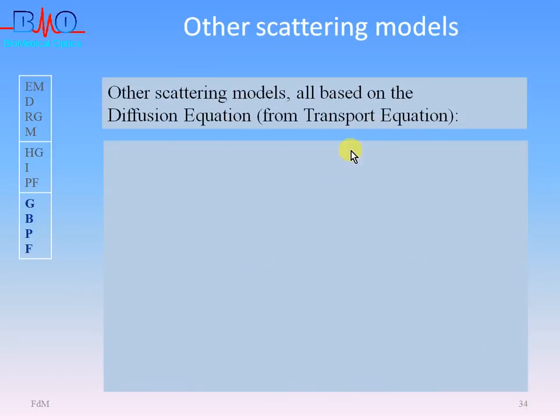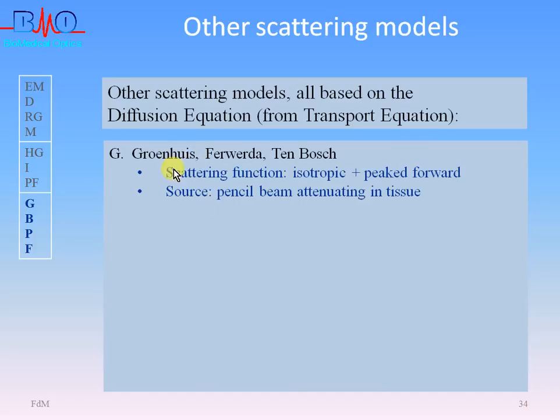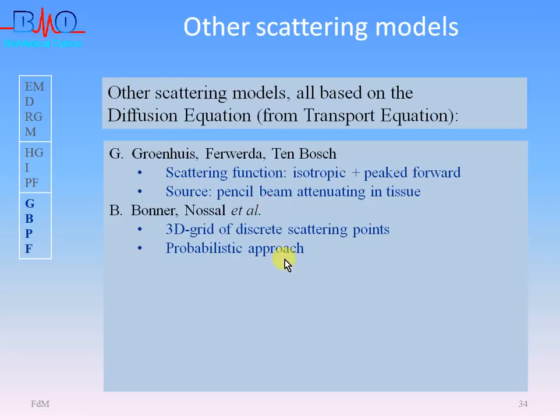Other scattering models are Groenhuis, Ten Bosch and Verwiller, who derived a scattering function containing isotropic and peaked forward scattering. Bonner and Nossal have a model with discrete scattering points on a 3D grid, and they use a probabilistic approach of scattering in steps.